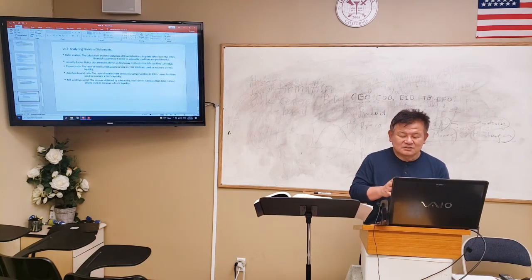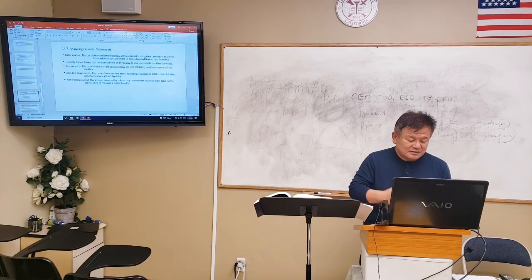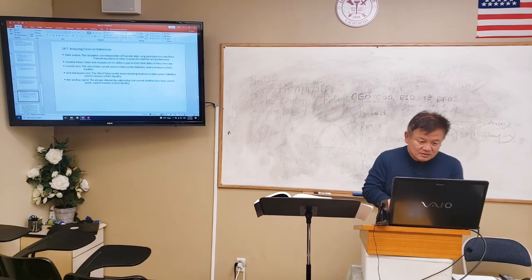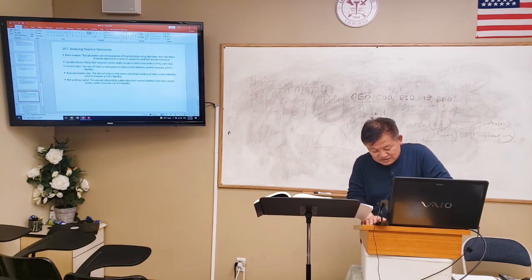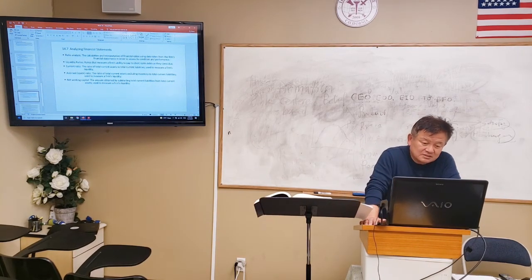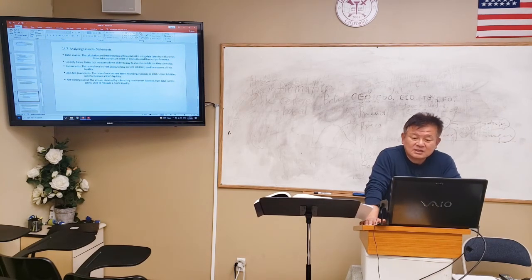So a current ratio, okay. So the CEO asks, Mr. Lee, manager, what is your current ratio this third quarter? And then the accounting manager shows the firm's liquidity statement. That's it. This is the current ratio.